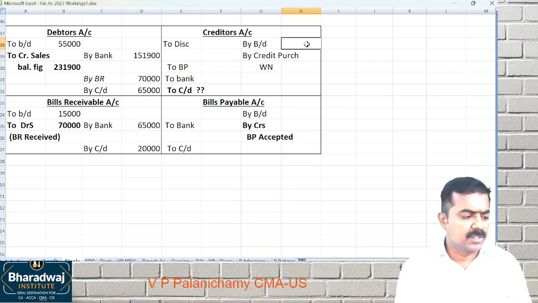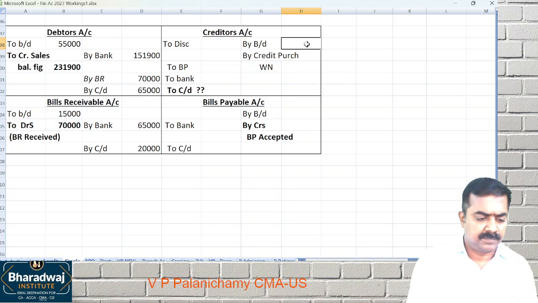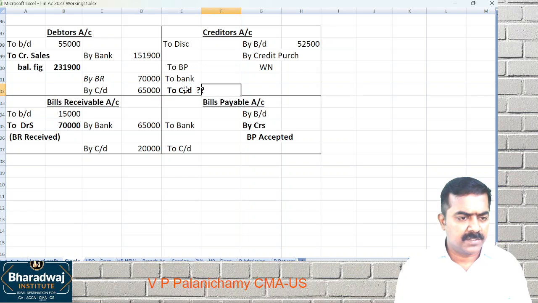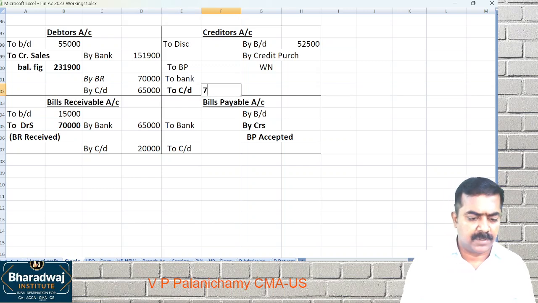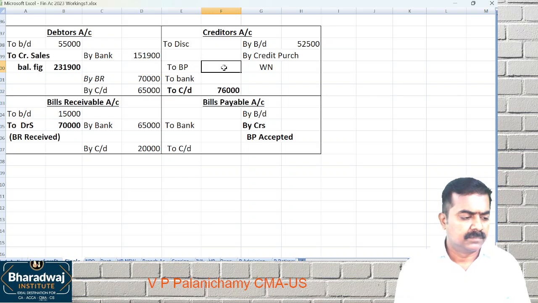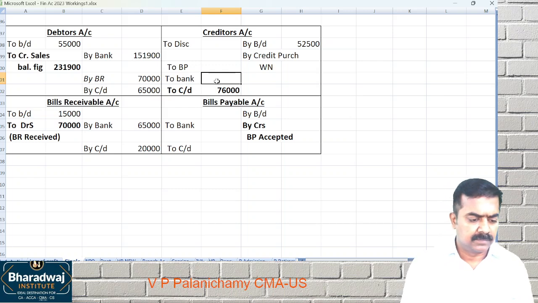Creditors. What is the opening balance of creditors? 52,500. Closing balance given? 76,000 given in the question. Then cash paid. How much have we paid to creditors through bank? No discount in this question.